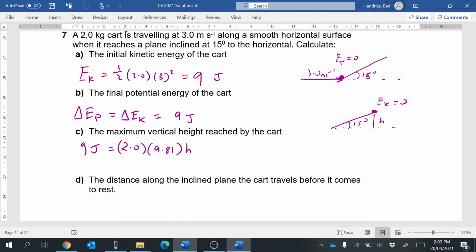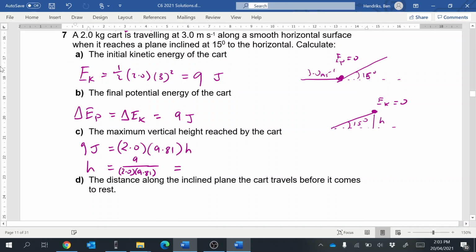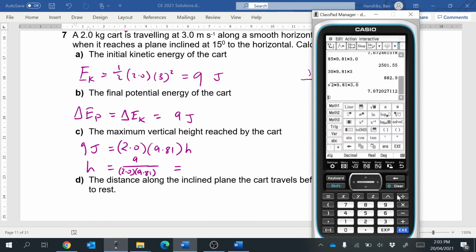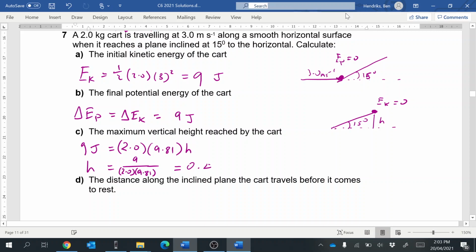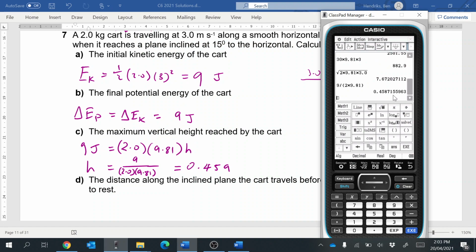So h is going to be equal to 9 divided by 2.0 times 9.81, which, when we put that into our calculator, is equal to 0.459 meters.